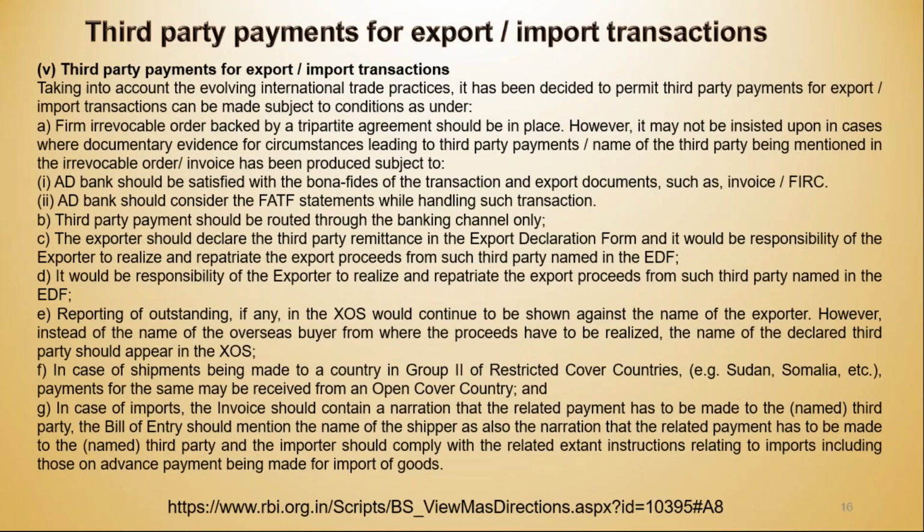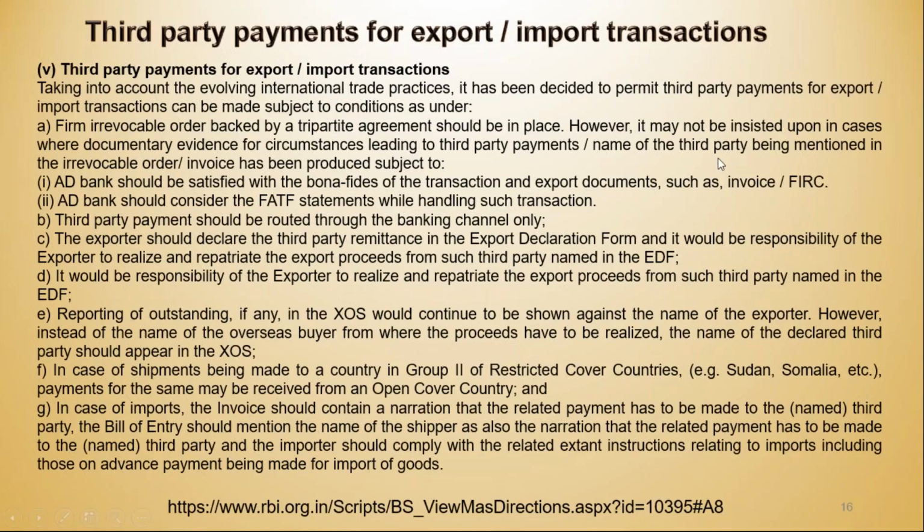The third party name must be there with complete details that they will make the payment. For example, you are making an export to some buyer in the US, and there is a third party who will make the payment. In the contract you have mentioned that third party, and the third party also must agree to making the payment.